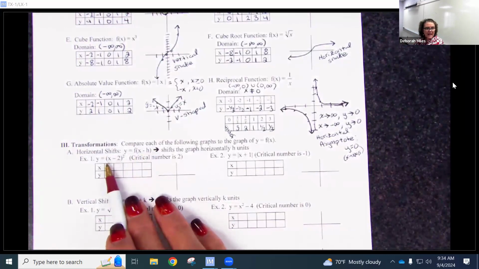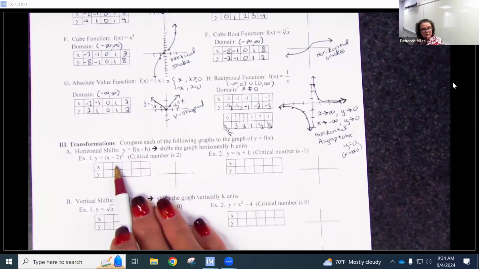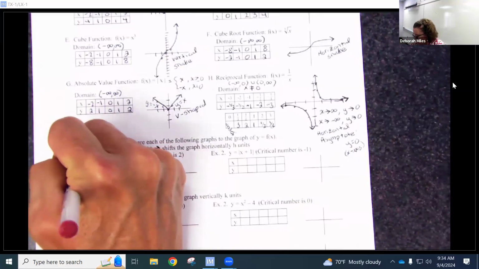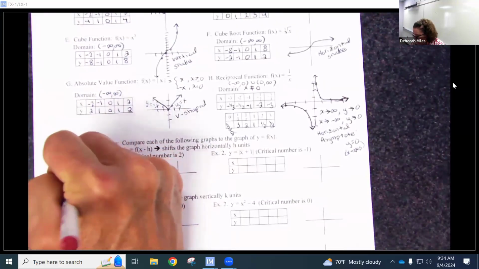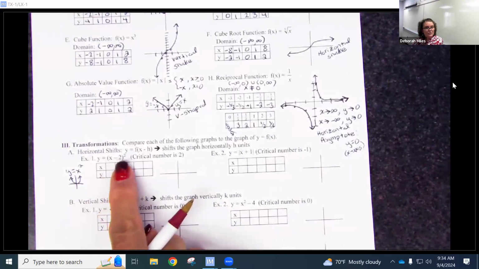For example, this x minus 2 squared. The parent function, if you want to call it that, the original function, is just y equals x squared. As soon as I say y equals x squared, I know it looks like this, but that 2 has shifted this function.